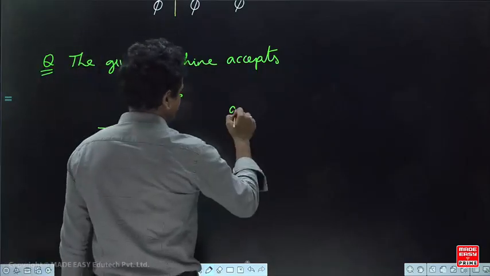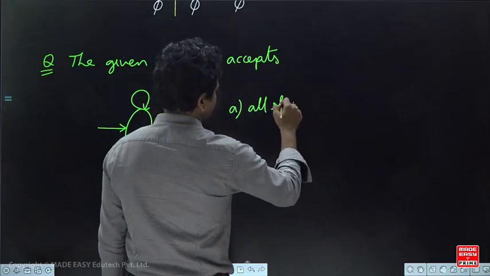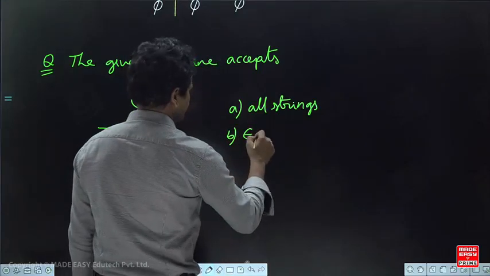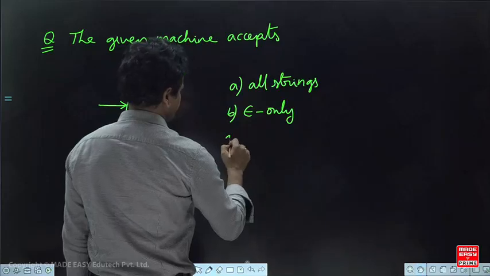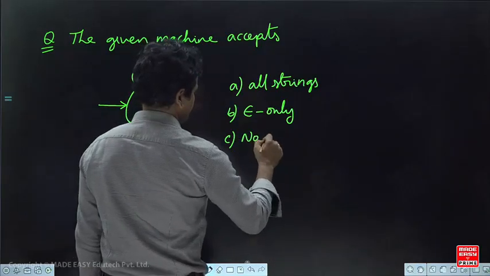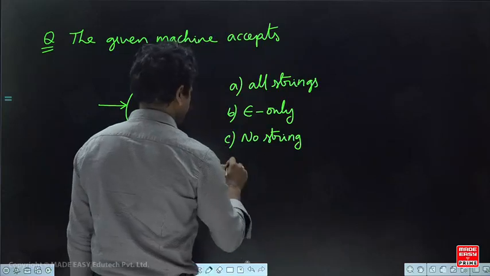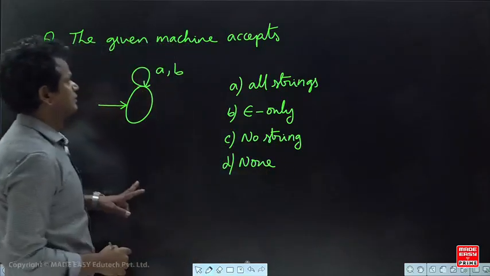Options: A, all strings. B, epsilon only. C, no string. D, none.